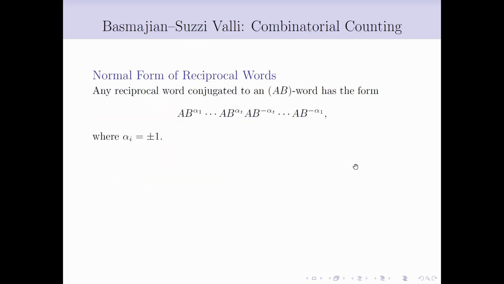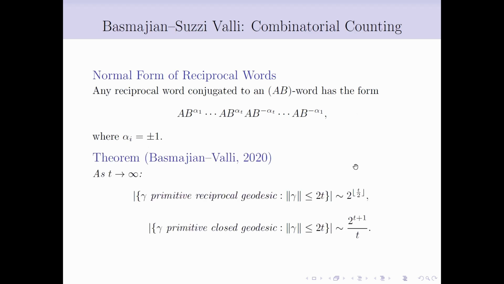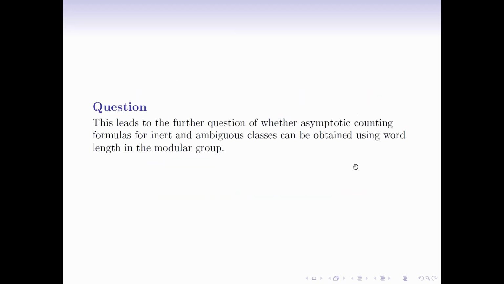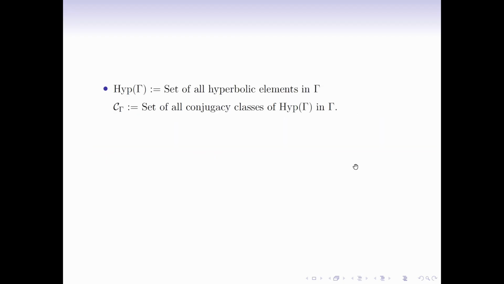And then they obtain a certain normal form of this element, and using this normal form, they essentially counted these words. Now we want to generalize this asymptotic counting formula for inert and ambiguous classes using word length in the modular group.